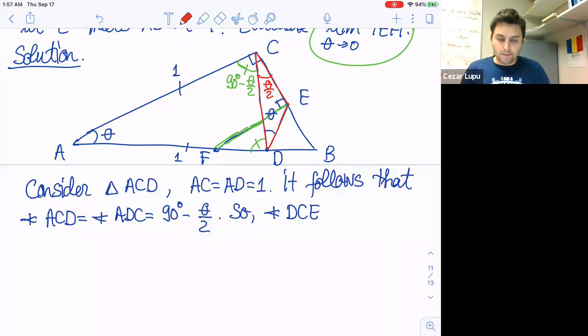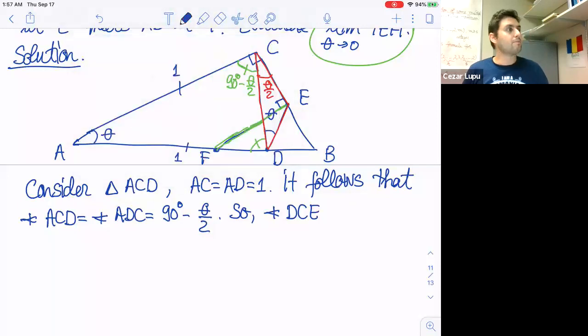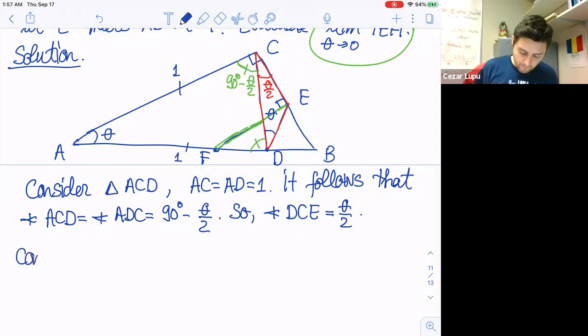Well, guess what? Since we know something about the angles, so the angle, this guy is theta over 2. All right. So I know that in this triangle, now consider triangle CDE.